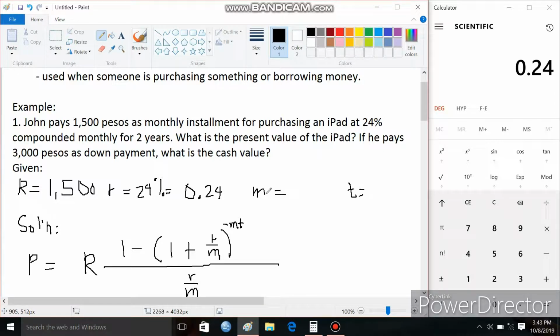Then M is the mode of interest, which is monthly. Since there are 12 months in 1 year, M is 12. Then time is 2 years, since he'll be paying for the iPad at 1,500 per month for 2 years. So T is 2.